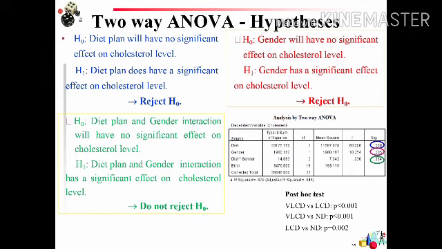Okay, so here the p-value for diet and gender is 0.964, which is greater than the critical level, that is 0.05. So we do not reject H0. That means the diet plan and gender interaction has no significant effect on cholesterol level.